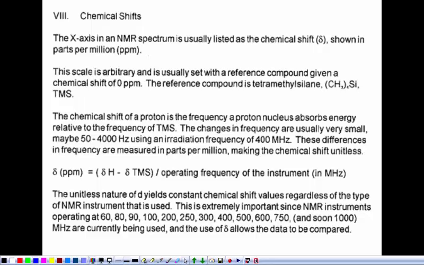So the first thing is that we set 0 on that x-axis to equal the peak from tetramethylsilane, which is the compound that we had before break that I gave you a quiz on and asked you to show me why it's shielded. So the 4 CH3s attached to silicon are going to give a peak, and that peak is going to correspond to 0 on our scale.